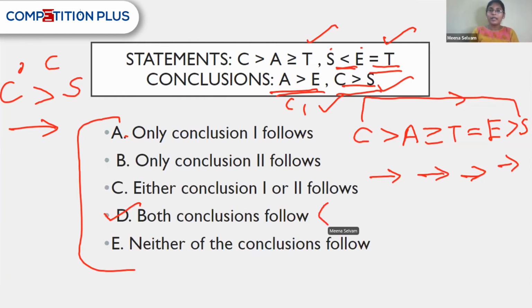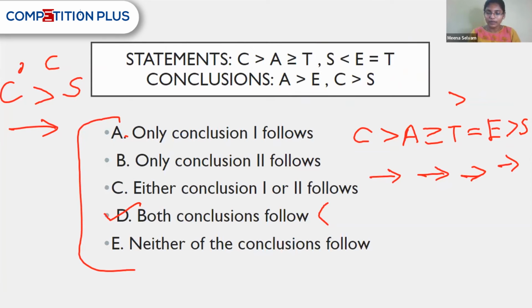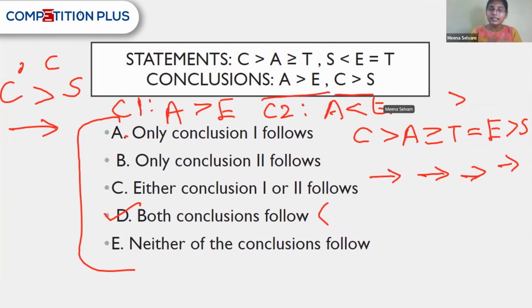Remember one small tip I'm telling you: in case you're choosing option D, both conclusions, then in the conclusion statements of your given question, the terms will be different. The elements are different. You will also have questions with conclusions of the same terms, like conclusion 1 as A greater than E and conclusion 2 as A less than E. The same elements are used, and two conclusions are derived from there.